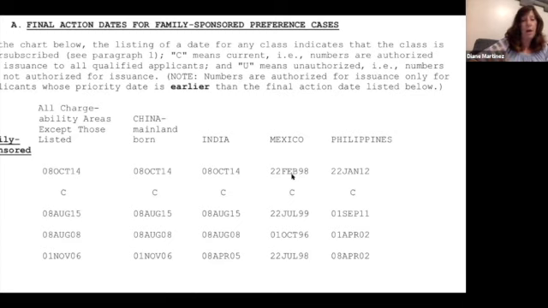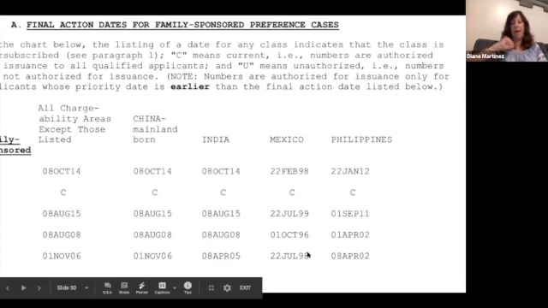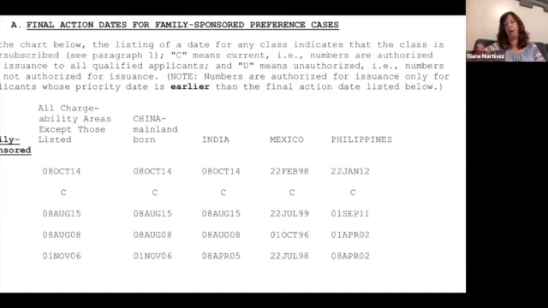So for an F1 category, for example, they're working on February 22nd, 1998. You're going to see all of these are in the 90s. That means if somebody put in an application in 2000, they still have a couple of years to wait before their visa is approved and they can finish the process to become a legal permanent resident.